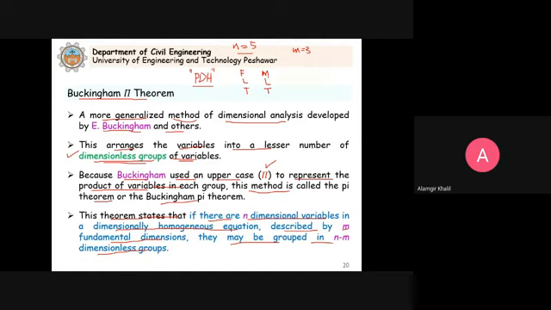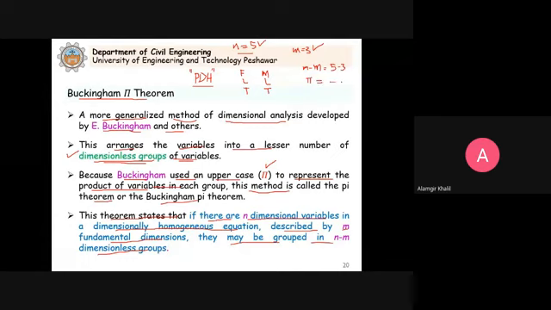So the theorem says that they may be grouped in n minus m dimensionless combinations. It means that 5 minus 3. It means that in that problem, if we have number of variables 5 and m is equal to 3, there will be two dimensionless groups.